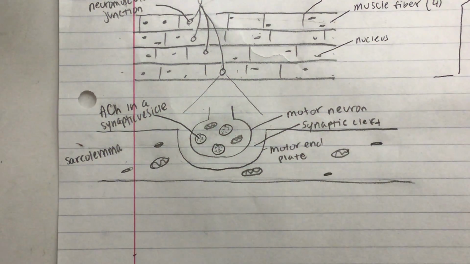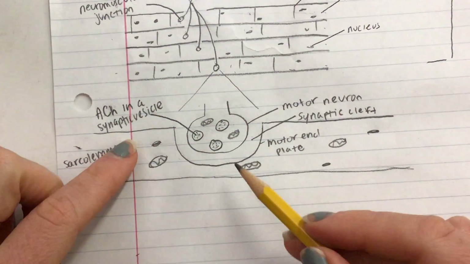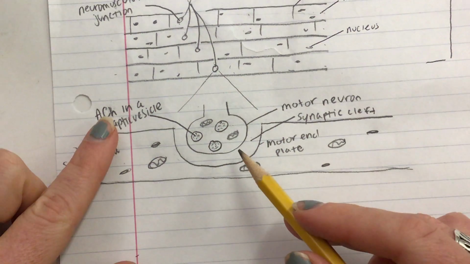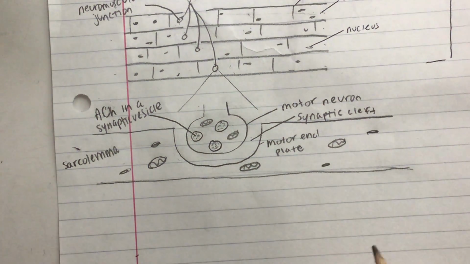For example, if people are depressed, it could be because you don't have enough of a neurotransmitter to create that happy feeling, and sometimes people have to take drugs to supplement that. So that's neurotransmitters. There's a bunch of different types. There's also some things called hormones that are similar in the ways they act or in sending signals, but a little bit different. So we'll look at that later in the year.